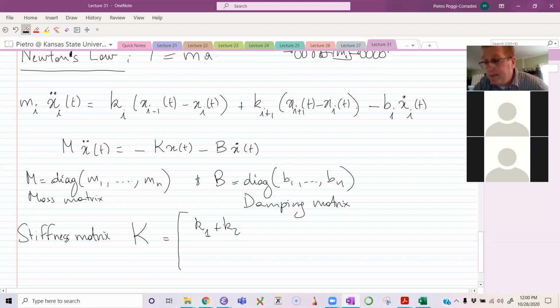And then, the first term doesn't have an i minus 1 because there's a wall there, but it has an i plus 1 term, so that's going to be minus k2.